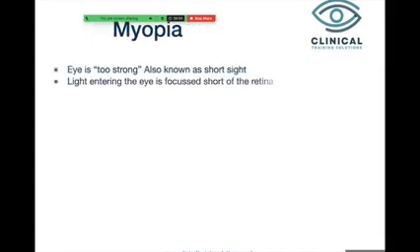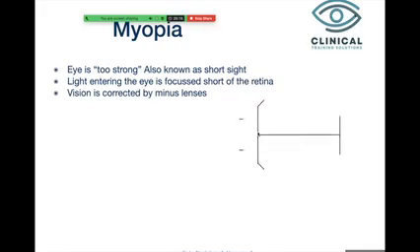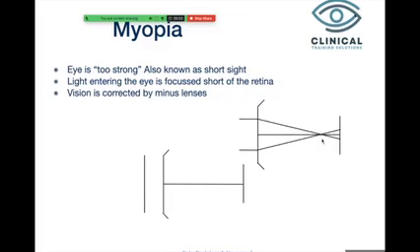Now, in myopia, the eye is too strong, and this is also known as short sight, and it means that light entering the eye is focused short of the retina, okay? So if you look at it here, you will see that the light comes in, and because the light is bent too much or the eye is too strong, you get it coming in front of the retina, okay? So this is why it's called short-sighted.